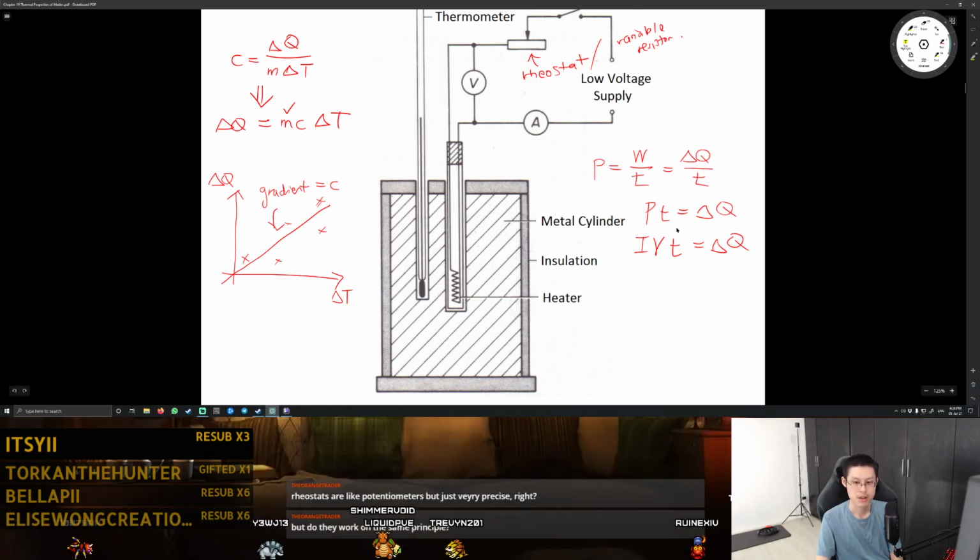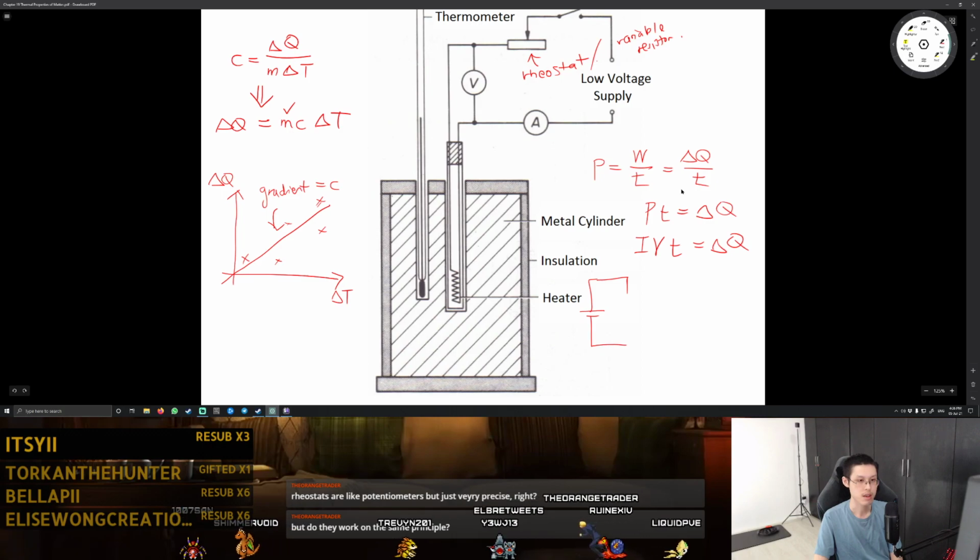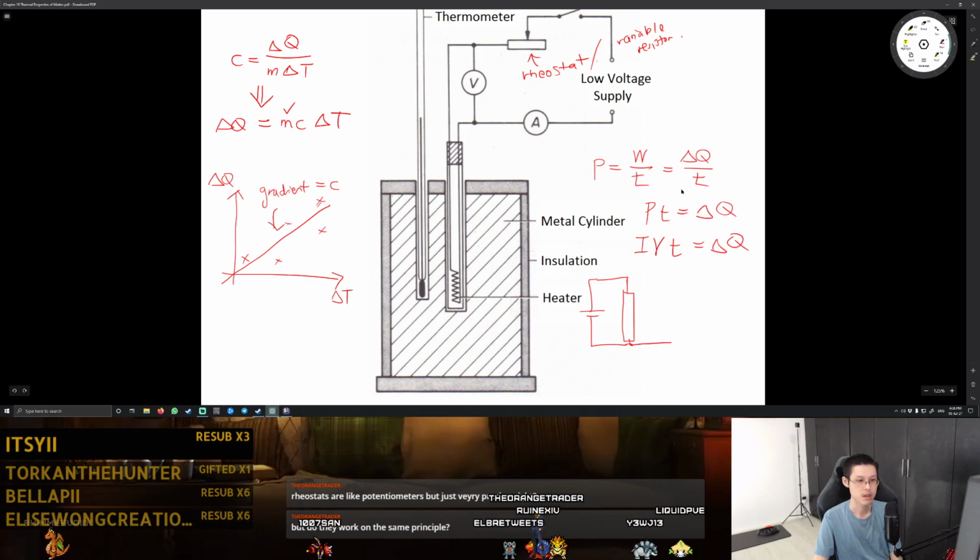If you draw the circuit out, it kind of looks similar because the potentiometer looks like this, and then you have a variable resistor like so, and then there's a junction here, and then this is your test cell, and then like this.